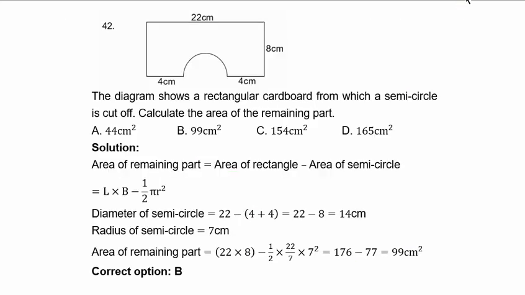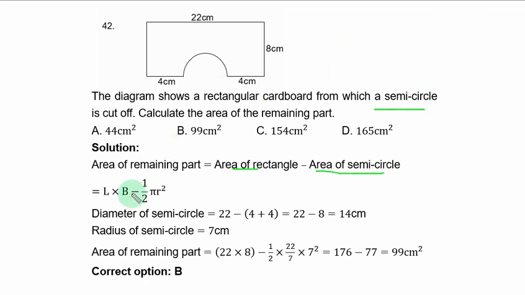Question 42. The diagram shows a rectangular cupboard from which a semicircle is cut off. Calculate the area of the remaining part. Solution. Area of remaining part is equal to area of rectangle minus area of semicircle.